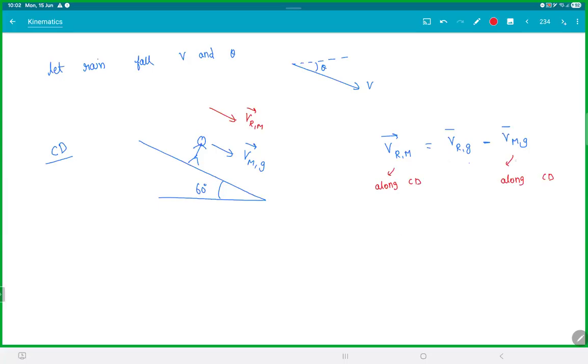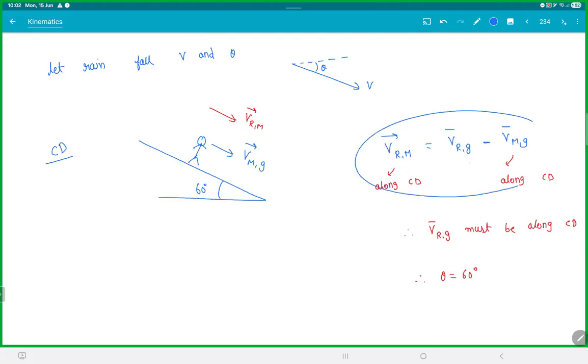So if this is CD and that is CD, therefore VRG also must be along CD. That means the rain was actually falling along the CD direction. Therefore, the theta must be 60 degrees. These are making sense. So the rain also must be falling along CD.